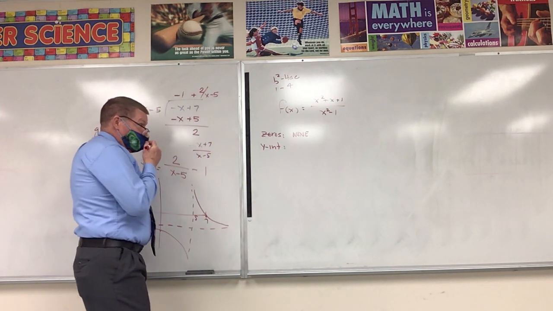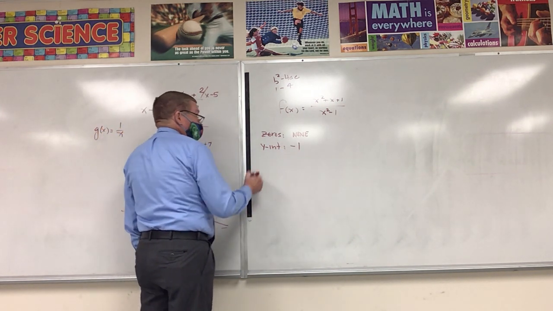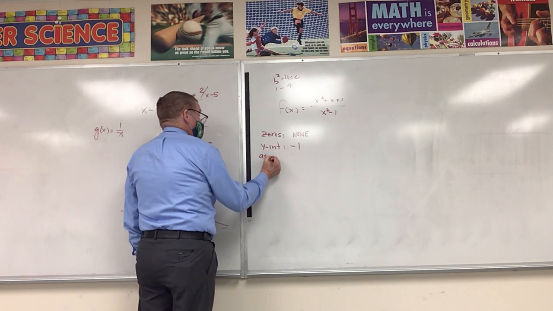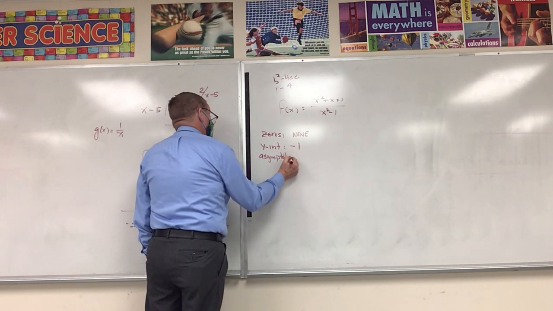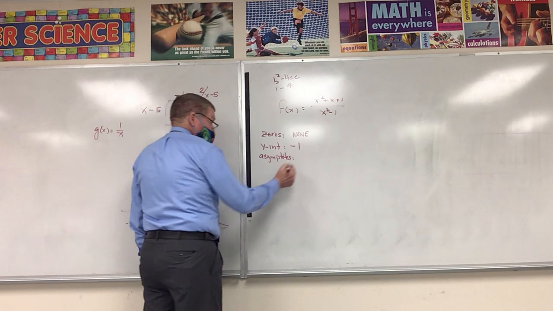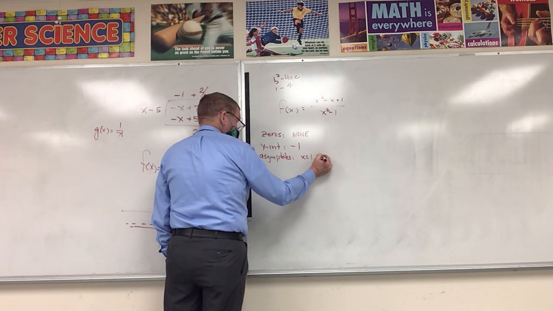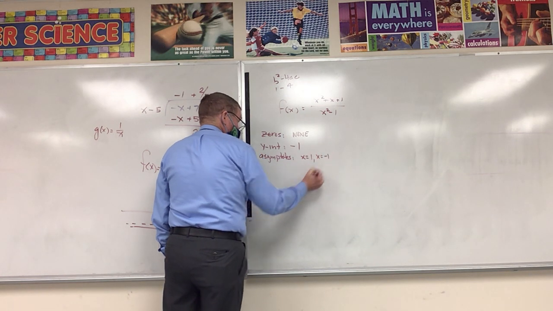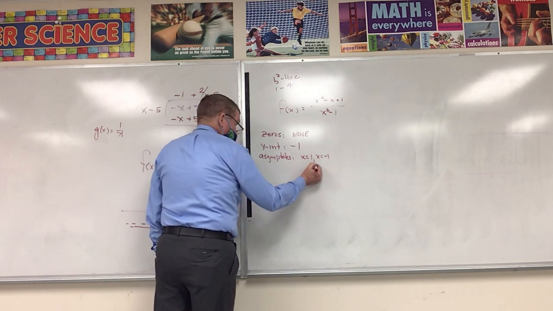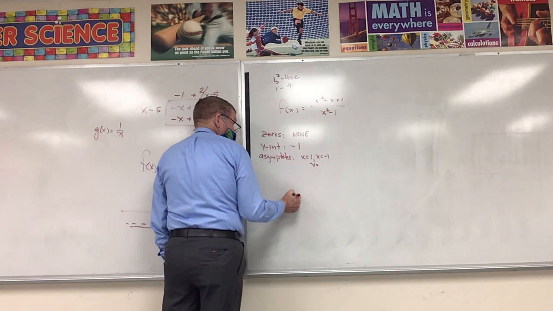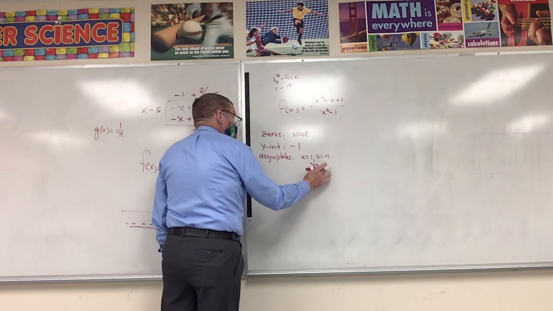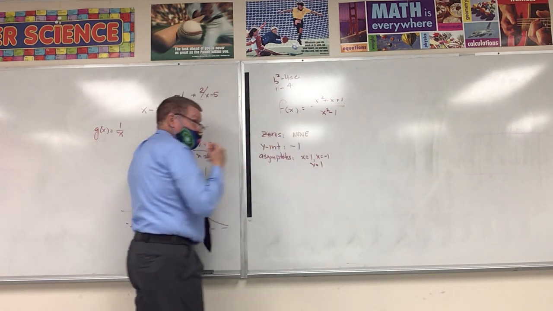Y-intercept, negative 1. Asymptotes, x equals 1, x equals negative 1, and y equals 1. Remember our leading terms, x squared over x squared.